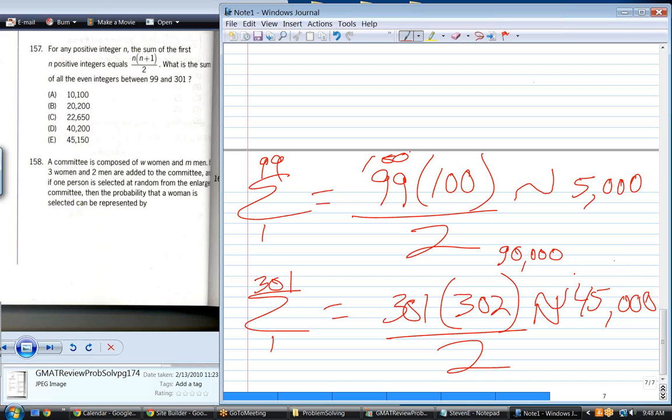So the difference between these two numbers is 40,000, but they want even integers only. I'm going with answer B.